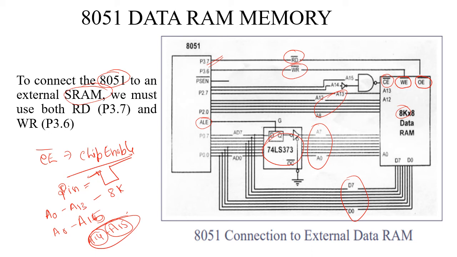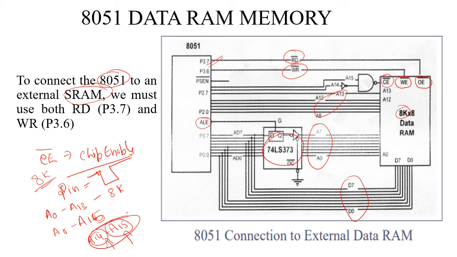Since the memory we have in this case is 8 kilobytes, when you accidentally write some values to A14 and A15 of the address lines, the address range will be different. It will be beyond 8K. In such cases, the data will be lost. Either in the read operation or write operation, the data cannot be accessed at all.